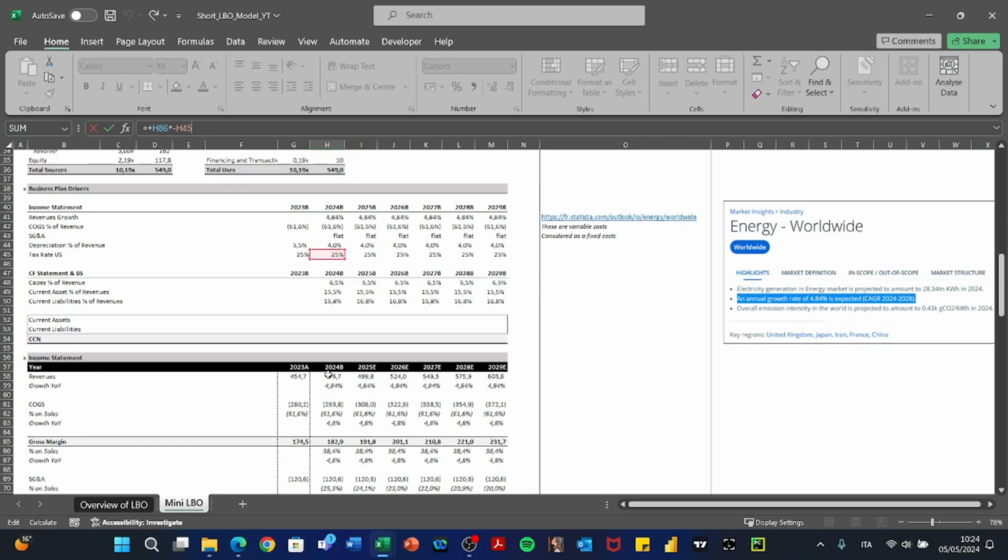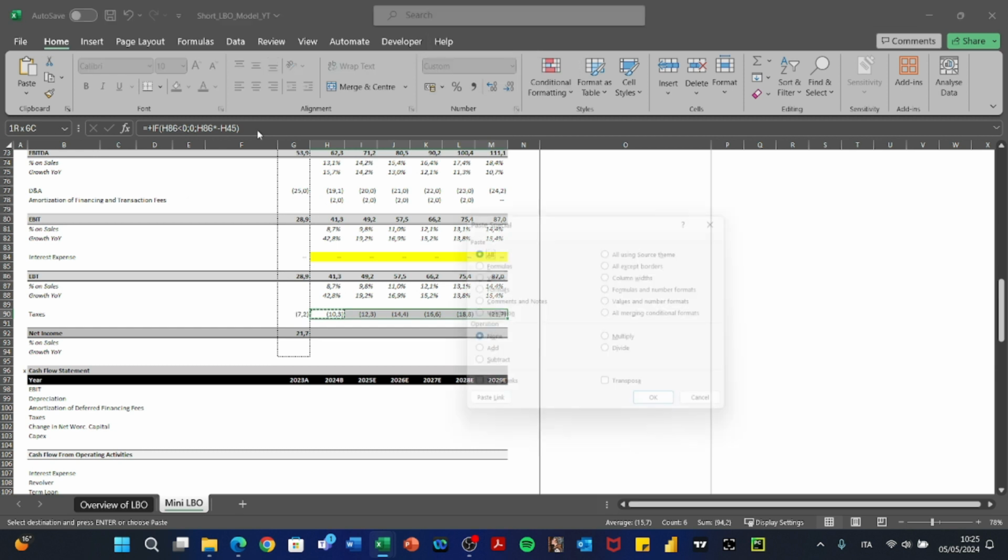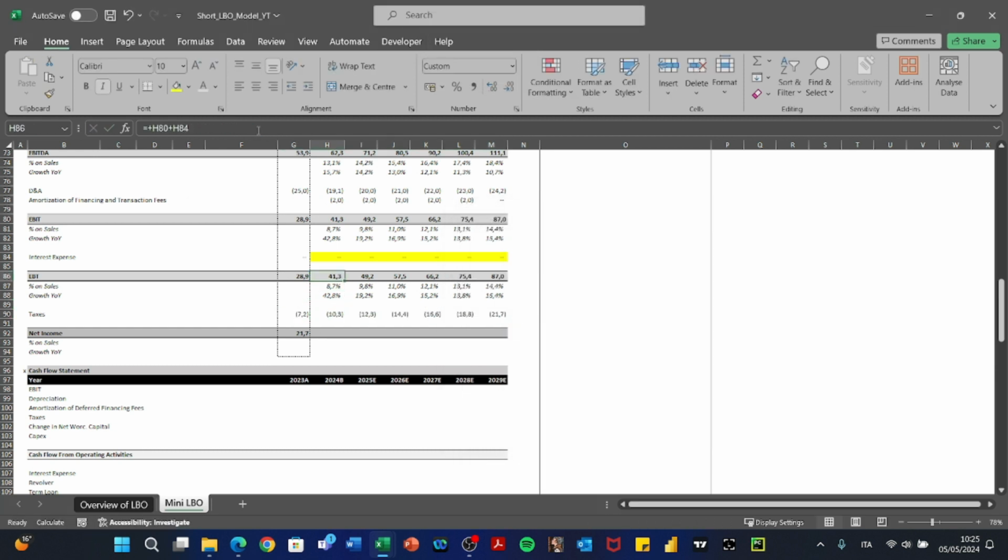Okay, this is the 25% of tax. I'd like to change this formula, saying that if the EBT is negative, then give me 0. Otherwise, you can calculate taxes. Okay, so that is minus 10. Obviously we don't pay taxes.